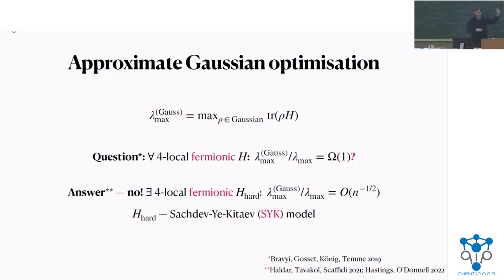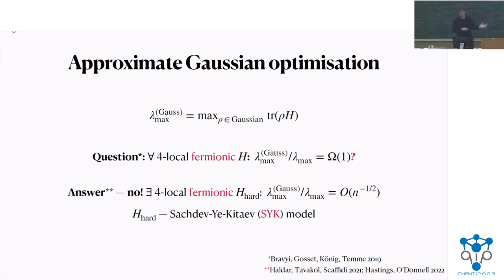The counterexample to this hypothesis was the Sachdev-Kitaev model. It was introduced before in physics, and people try to use it as a toy model for this interesting thing called strange metals. People relate this somehow as a toy model to holography in quantum gravity.